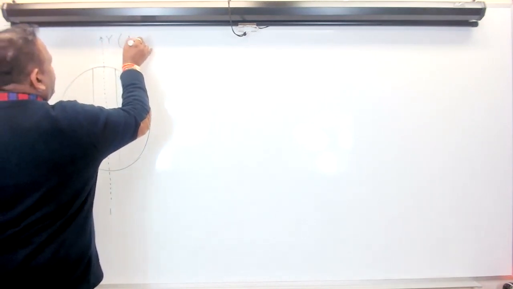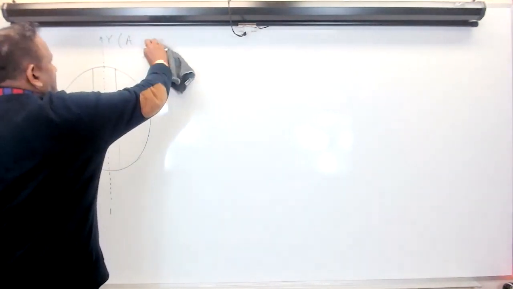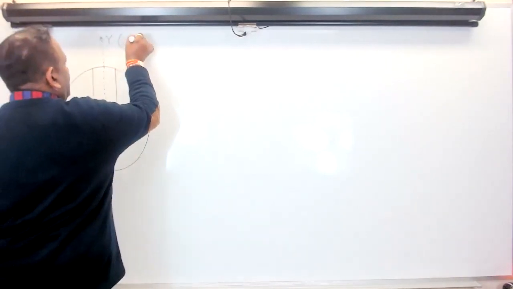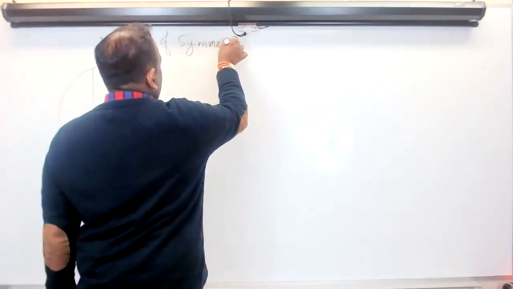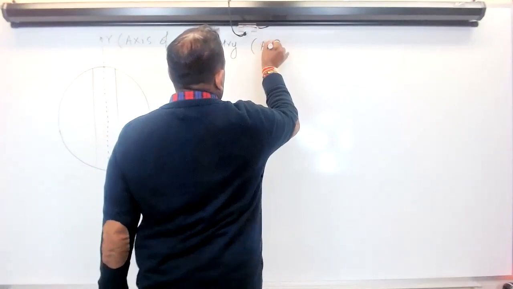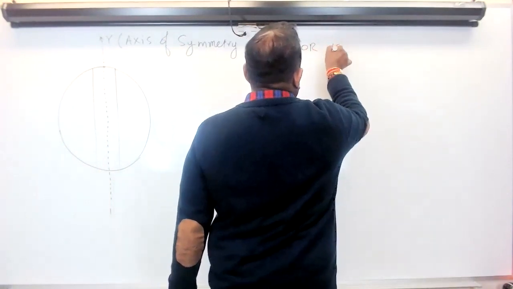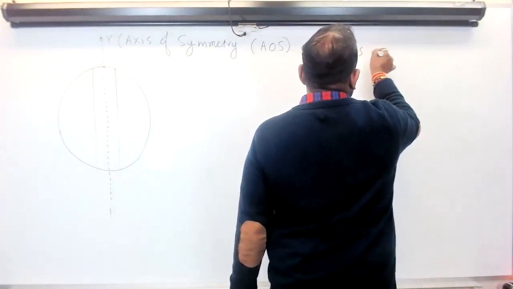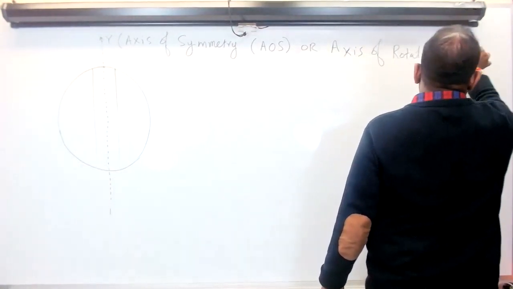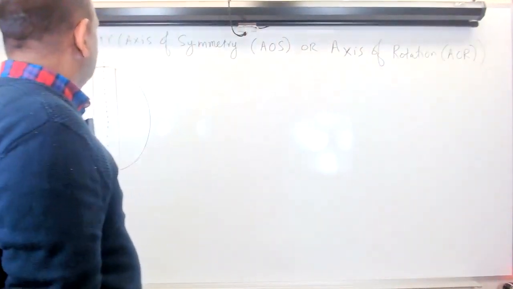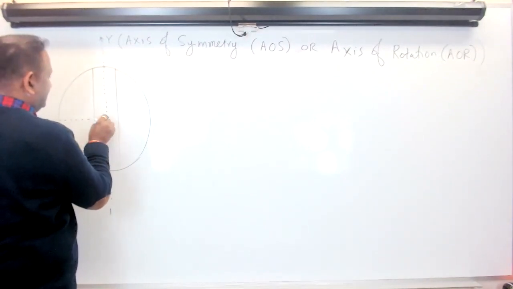Axis of symmetry is abbreviated as AOS, or you can simply say axis of rotation, AOR. And for my convenience, I'm going to take this one as the x-axis.